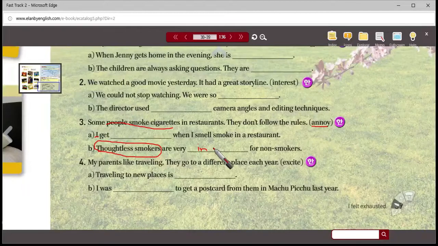So they are annoying. Okay, and I am annoyed. Okay, I'm not annoying. I'm not smoking. I'm not creating a problem for other people who breathe. Okay, I am annoyed. They are the cause of the smoke, the effect. I smell it. I am annoyed.